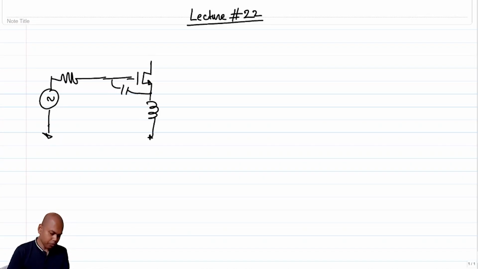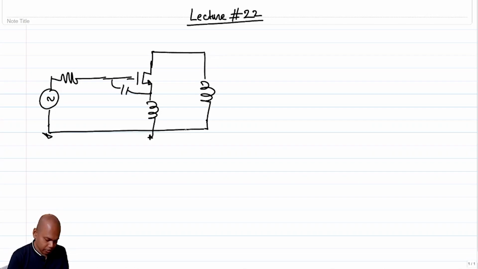So this is the input side of your LNA, the small signal input side of the LNA. And the output side, if we want to get a gain, we saw that we can also wrap an inductor at the output.